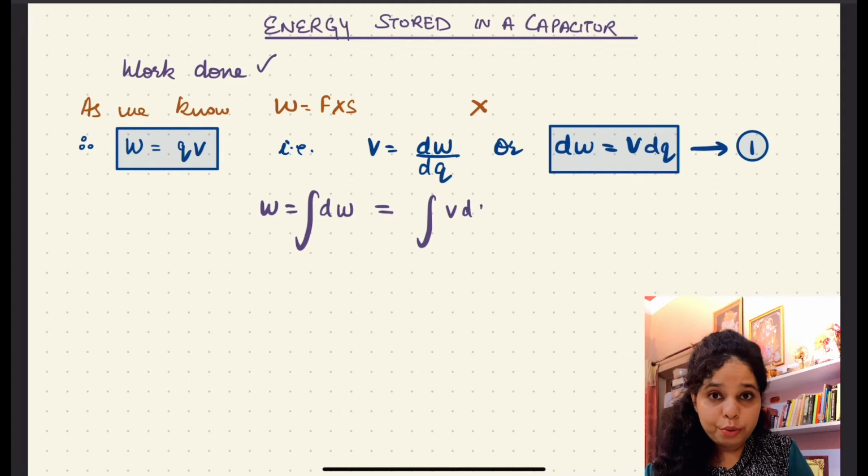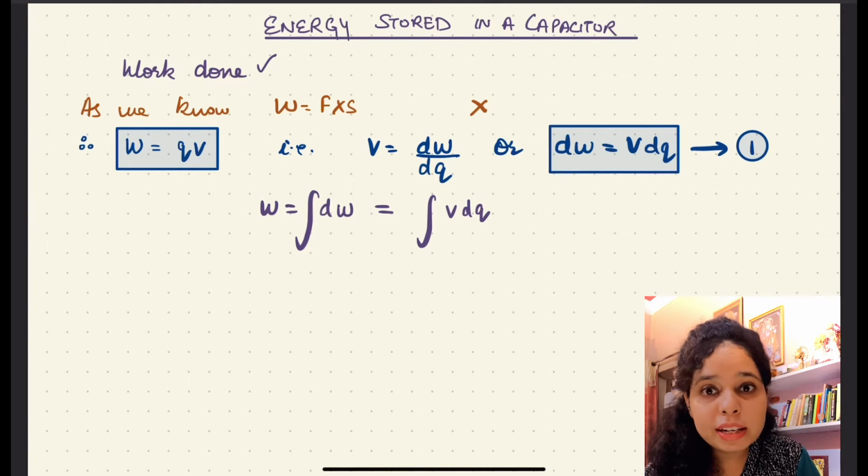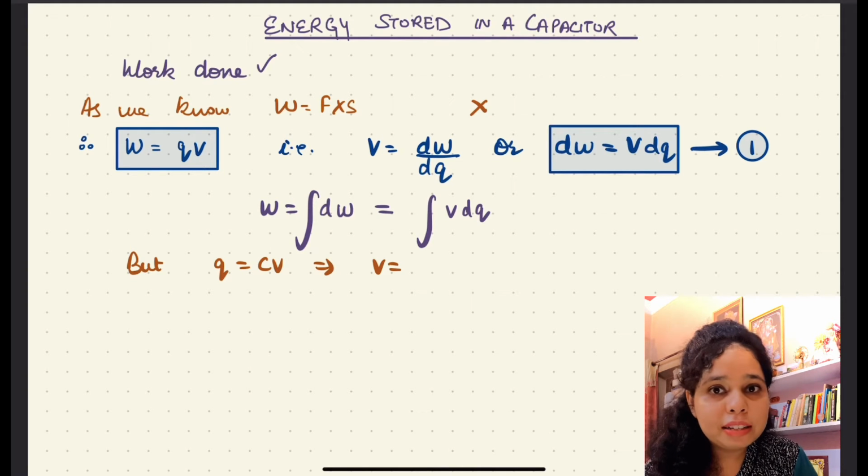This is the equation which we are not going to use as it is, because we have to think about the capacitor as well, and we know that charge stored in a capacitor Q is equal to CV. Instead of writing capital Q, I will take small q because I have taken dq.